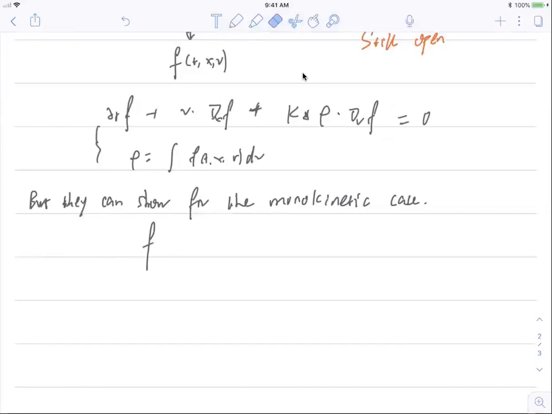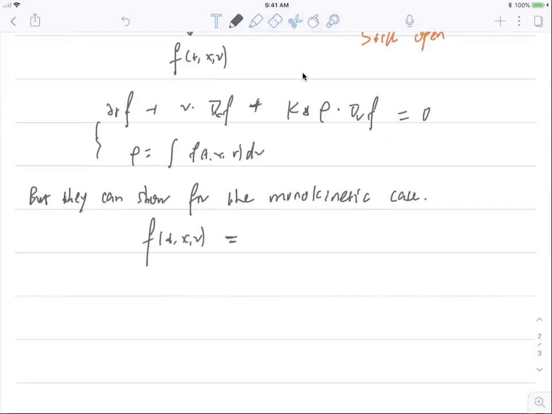Let me use their notation. So this F solves the following one. It's given by the following form.